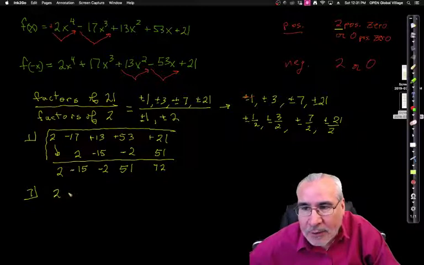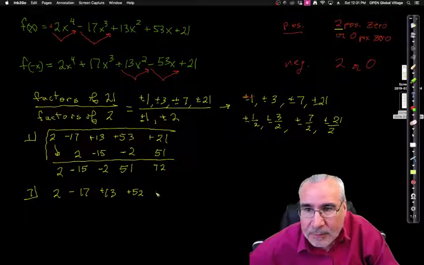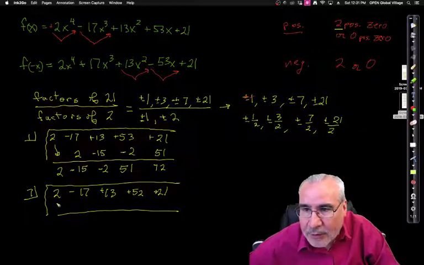So we again put our synthetic division. Separate it off this way. And we'll just see if this works. So the 2 comes down. That's all that happens.